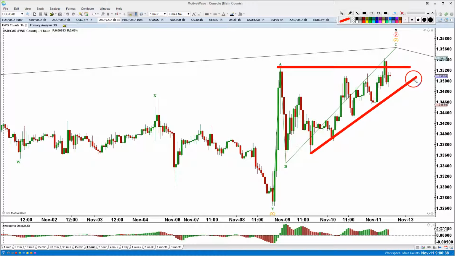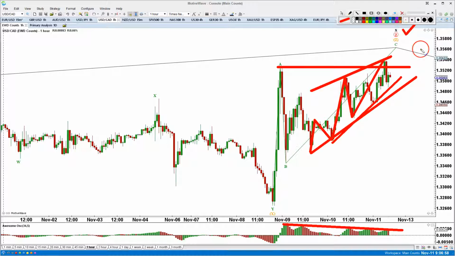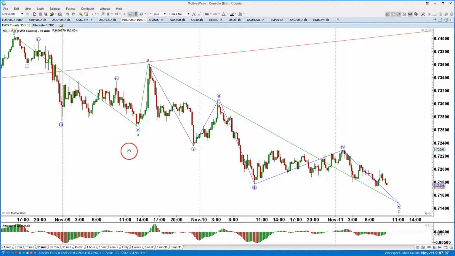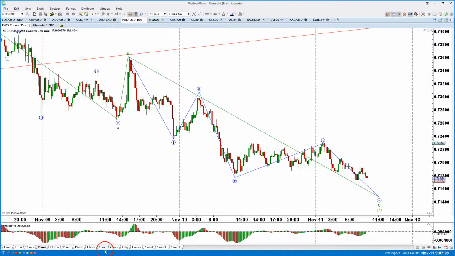Here we're seeing that the price did a 5-wave sequence ending diagonal wave inside, 1, 2, 3, 4, 5 structure for the wave C. This is a wedge formation, as you can see, and is divergent. The end of the wave X is going to happen soon. We're close to the end and we have to be ready for the drop. So the Dollar CAD is also starting to set up the reversal.